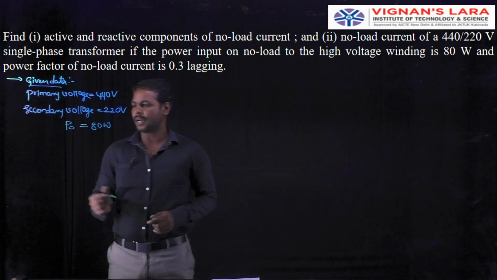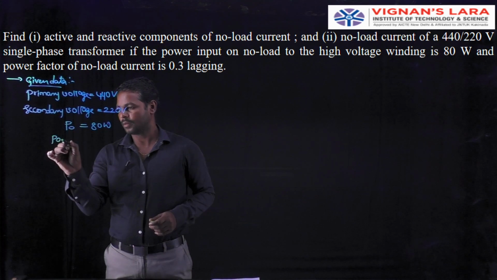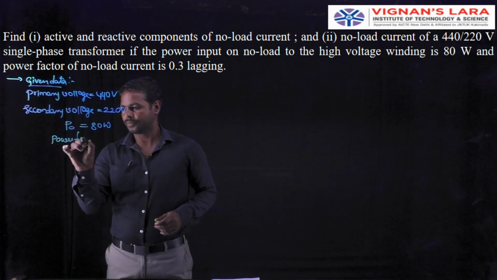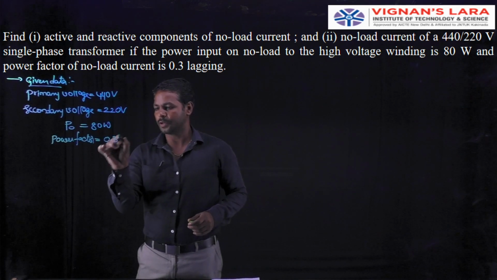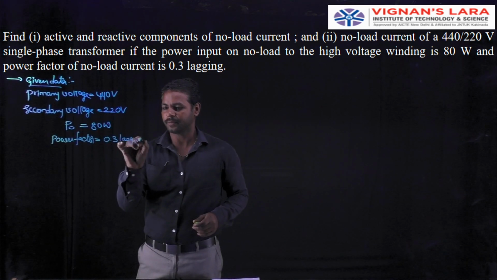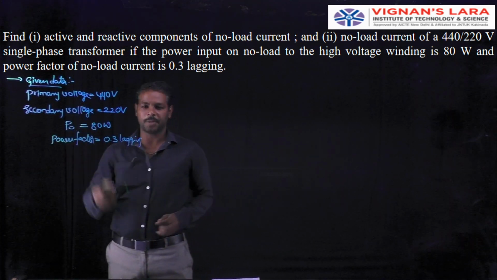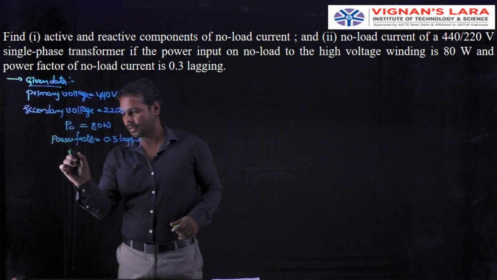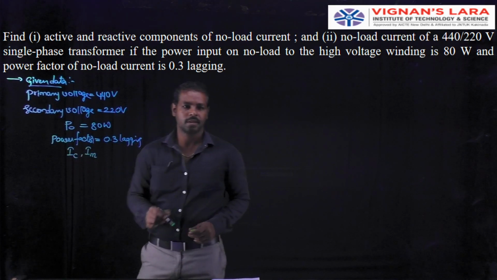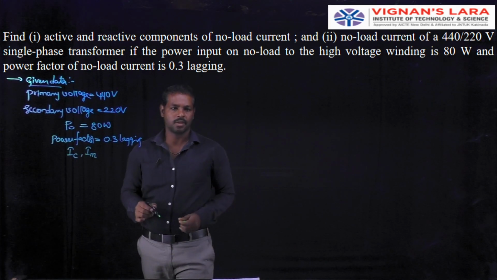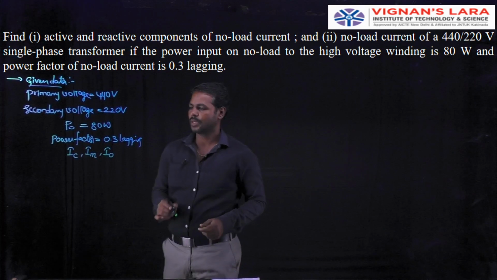Power factor at no load condition is equal to 0.3 lagging. Based on the given information, we are calculating the core loss component, the magnetizing component, and the no load current, I naught.